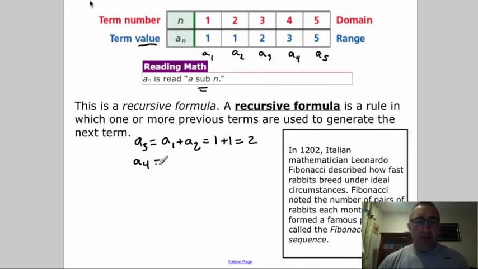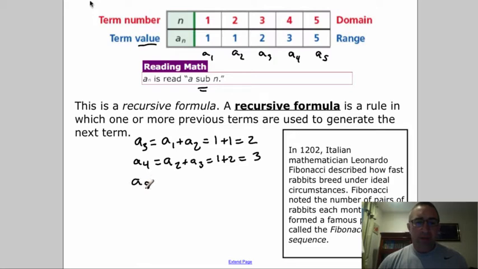To generate the fourth term, I'm adding the second term plus the third term. 1 plus 2 equals 3.